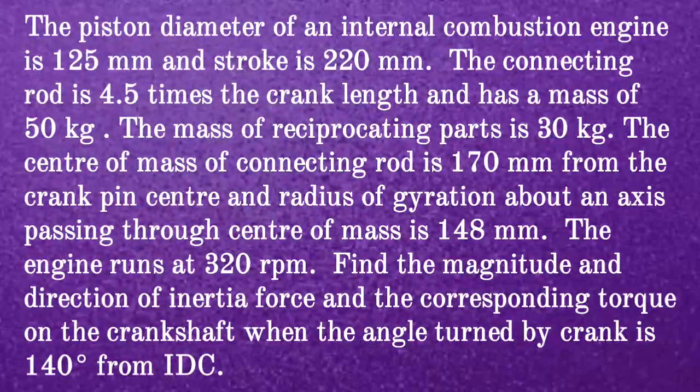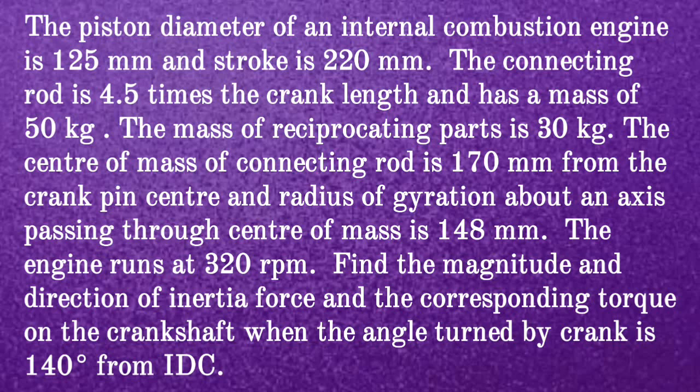Given question, the piston diameter of an internal combustion engine is 125 mm and the stroke is 220 mm. The connecting rod is 4.5 times the crank length and has a mass of 50 kg. The mass of the reciprocating parts is 30 kg.